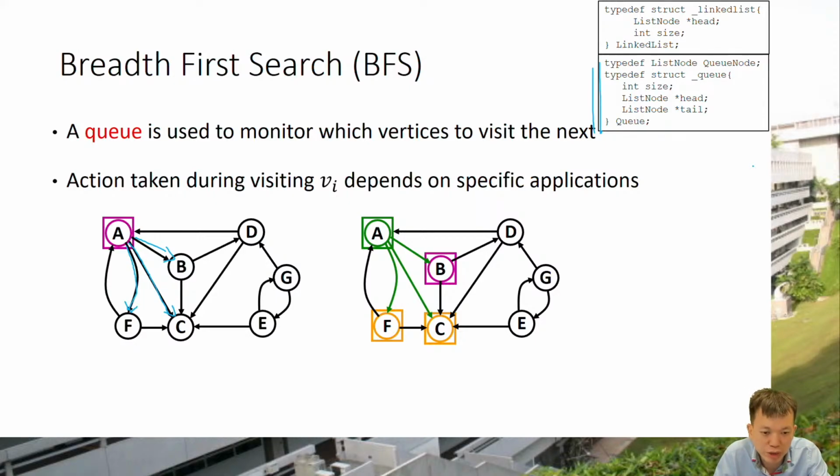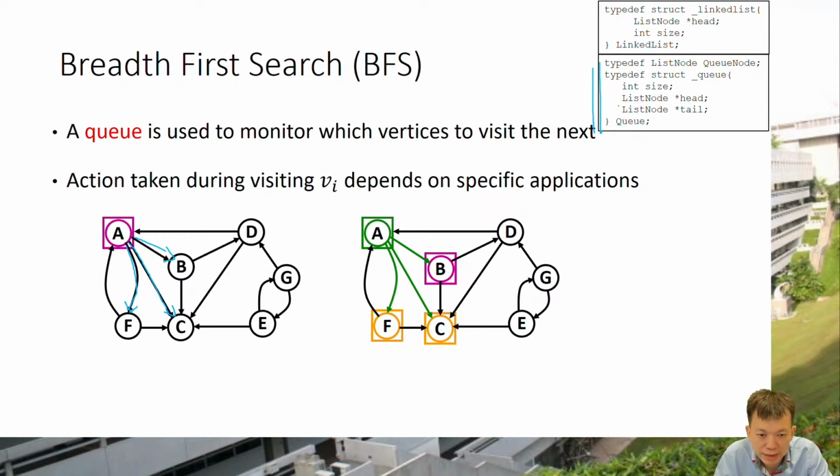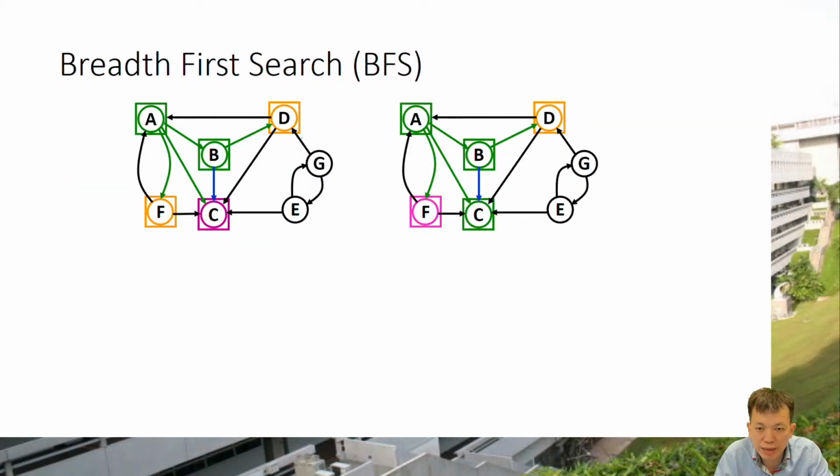So here I'm trying to visit B first. After visiting B, I know that when you visit B, you will realize that there's another neighbor which is not exposed, which is D. So I will record it now.